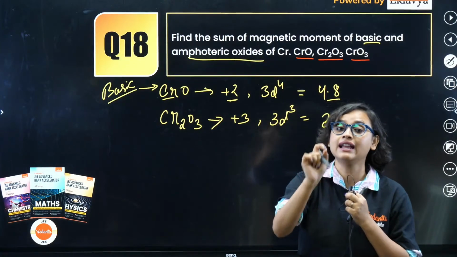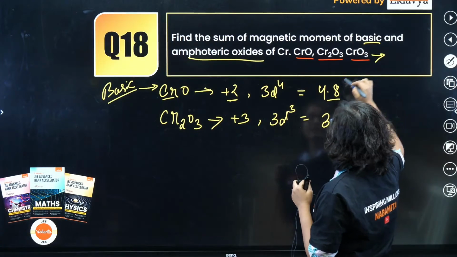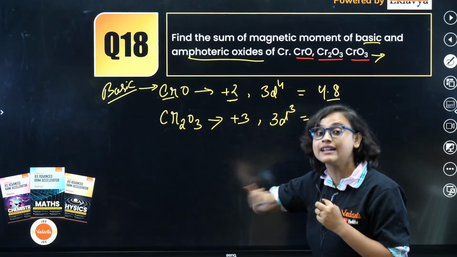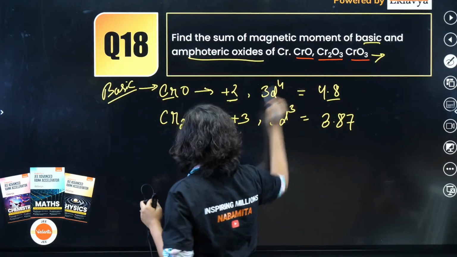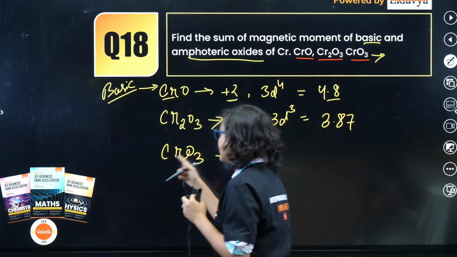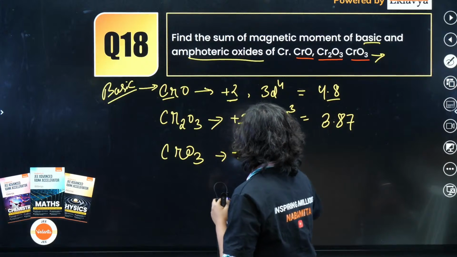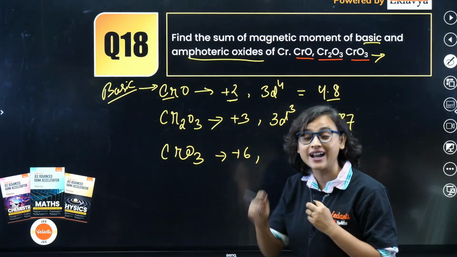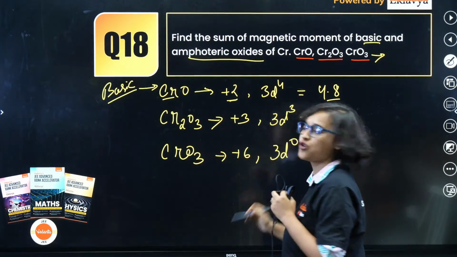Just the basic and the amphoteric oxides, everybody. CrO3 is acidic. However, even if you have by mistake added this number, you should still be getting the correct answer. CrO3 is in the +6 oxidation state, and it will be 3d0, 4s0.